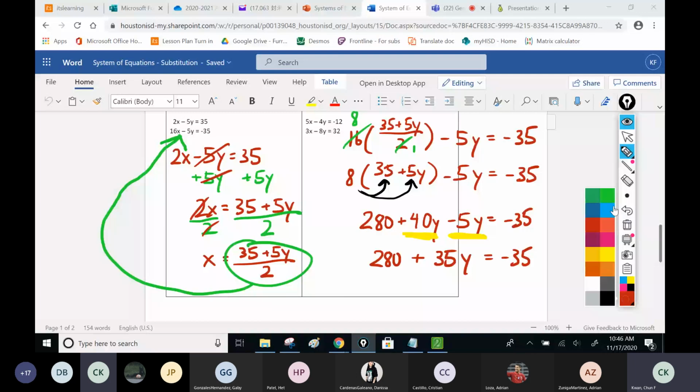The next step is minus 280 on both sides. So 35y equals negative 315.